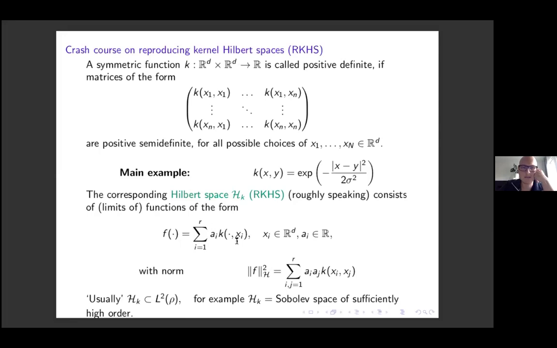And from these bumps and scalars, you can then define a norm. It's not so easy to understand this if you haven't seen this before, but for the analysts, it's good to think that this reproducing kernel space is a Hilbert space inside of L2 under certain conditions, and the norm is quite strong. So typically this is a Sobolev space of quite high order, depending on the dimension.